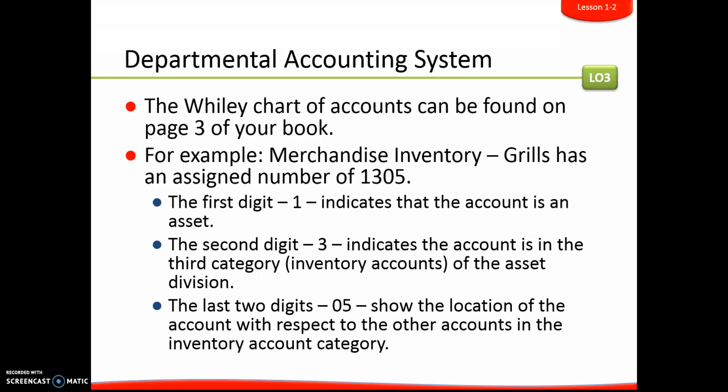So you have to know within the asset division what comes first. Well, we know cash comes first, then receivables, then it's merchandise, and it goes from there based on liquidity. And then the last two digits, which is the 05, show the location of the account with respect to the other accounts in the inventory account category. So within merchandise inventory, where does the 05 hit? It's the fifth one down for grills. Okay.